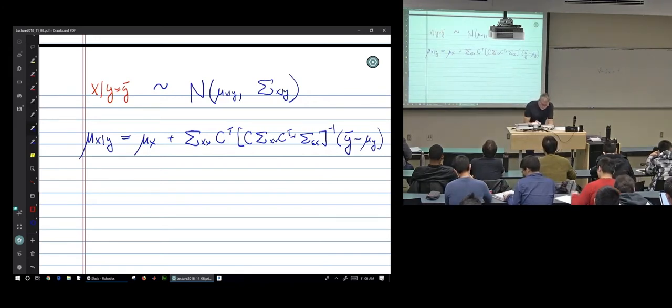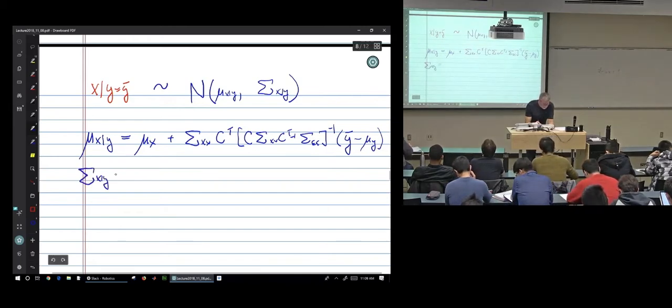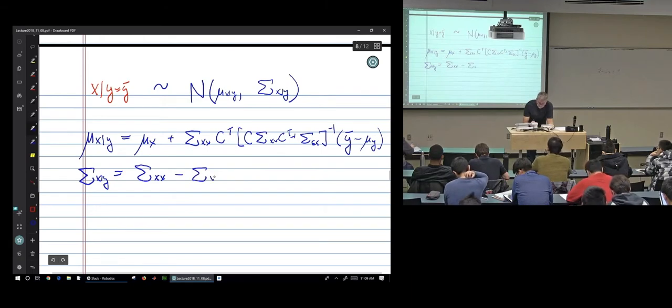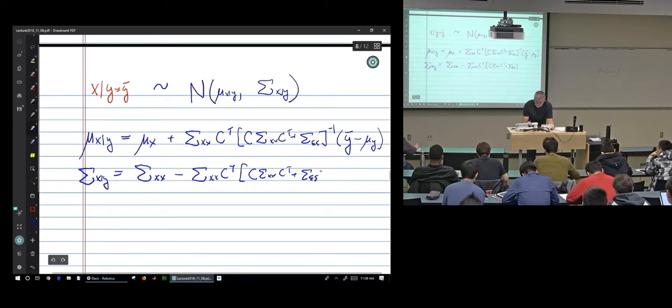Okay. And then the covariance of x given y is the Schur complement. So it's sigma xx minus sigma xx C transpose times C sigma xx C transpose plus sigma epsilon epsilon inverse, times C times sigma xx.